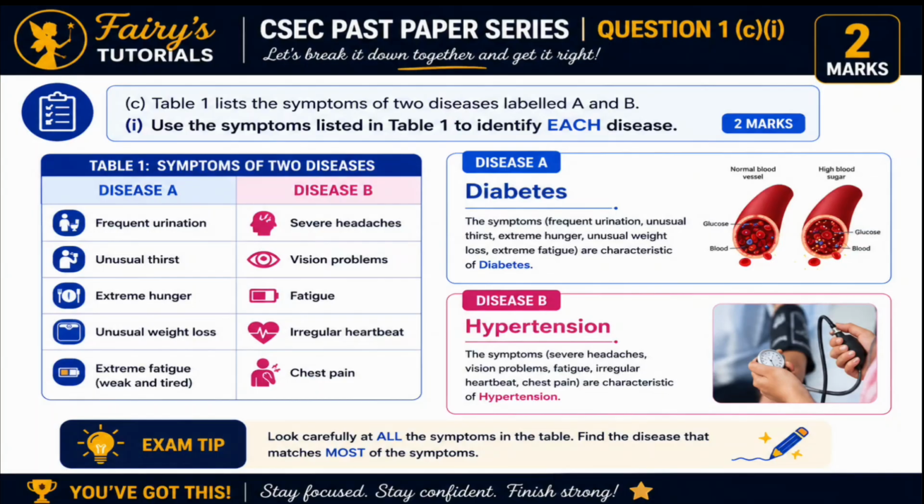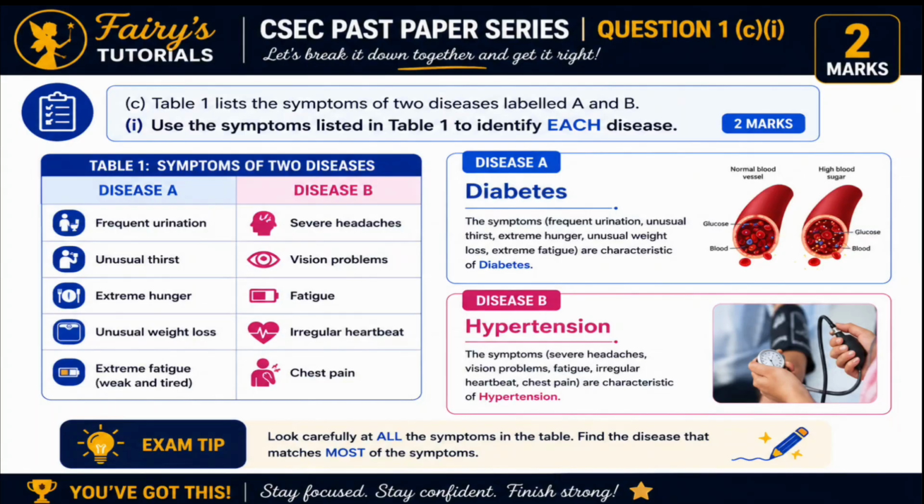Now, part B, if your answer was hypertension, you are also correct. Now, most of these symptoms you may be thinking of cardiovascular diseases, right? So the vision problems, the fatigue, the irregular heartbeat, the chest pain. But when you see severe headache, you have to think outside the box, right?